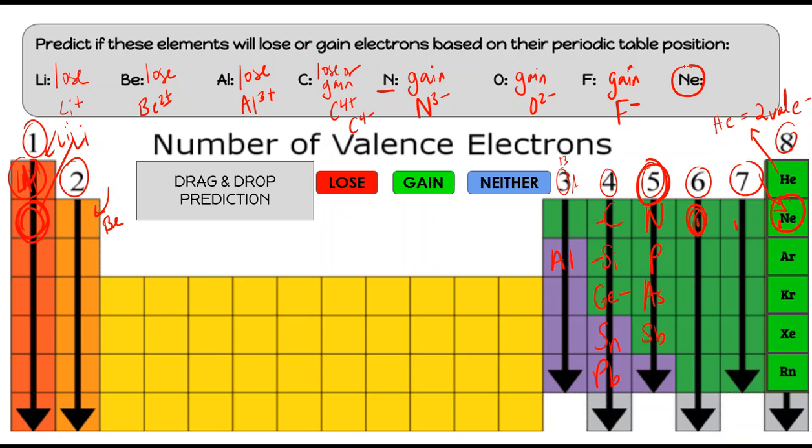Neon is a noble gas already, so it's going to be the neither category because neon already has those 8 valence electrons and is not seeking any type of need for stability because it's already stable on its own. So it doesn't need to bond with anything. And actually, helium, neon, argon, none of those ever bond with anything. There's a few exceptions for krypton, but you have to give it lots of energy.